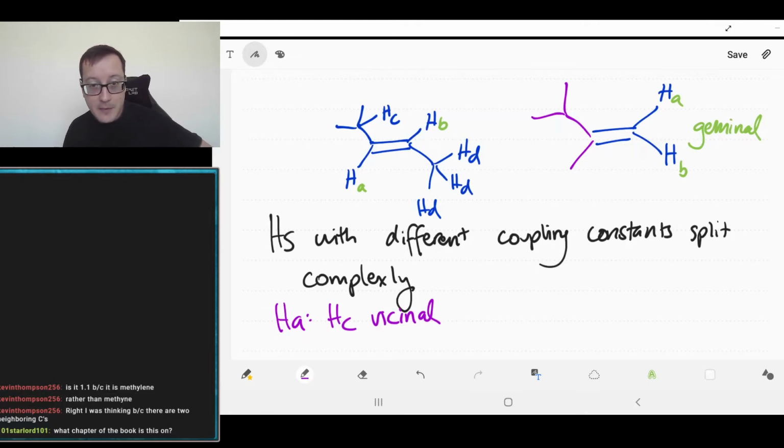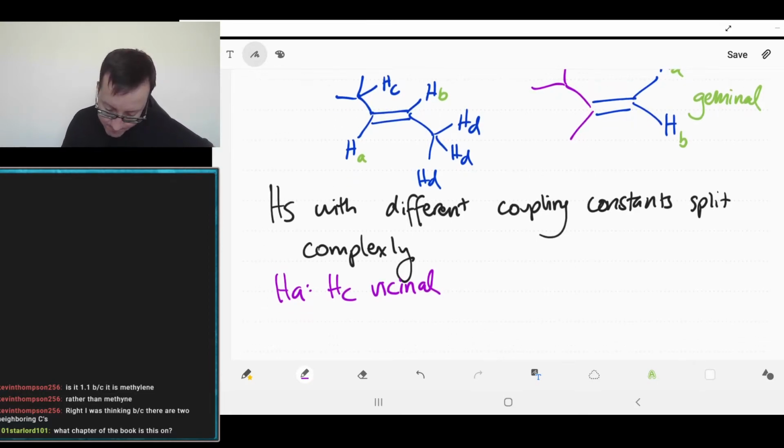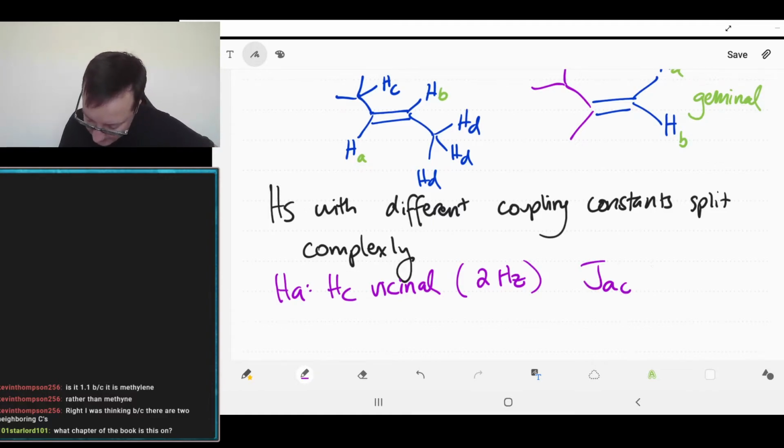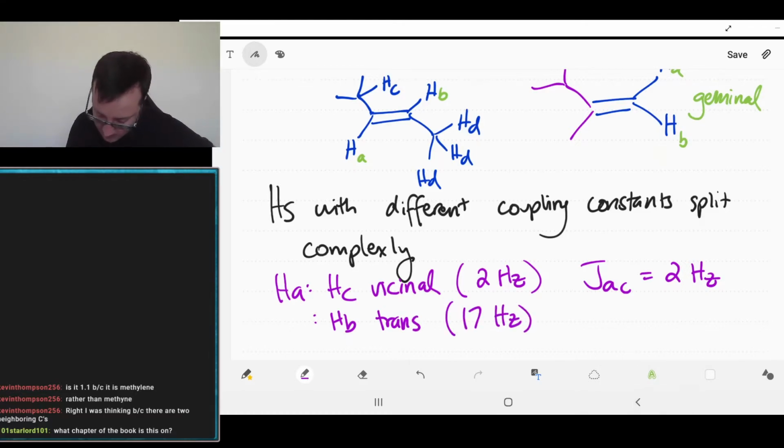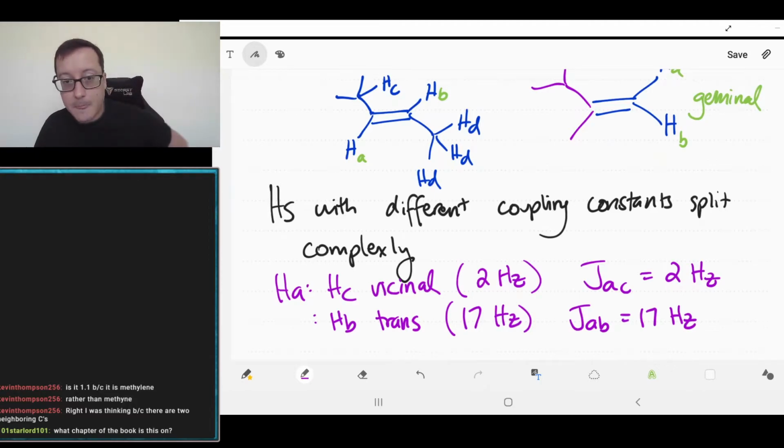The coupling constant for HC to HA, we might describe as JAC, is 2 hertz. HA also sees HB, and that is a trans relationship, which is 17 hertz. So JAB is 17 hertz.